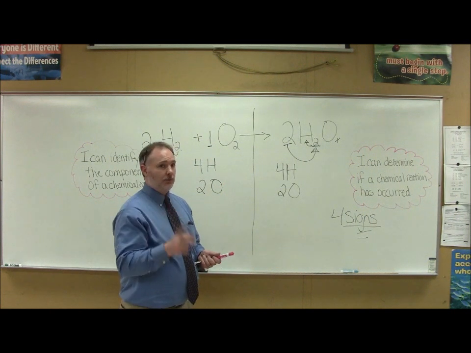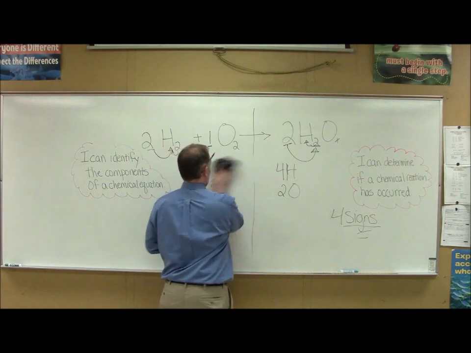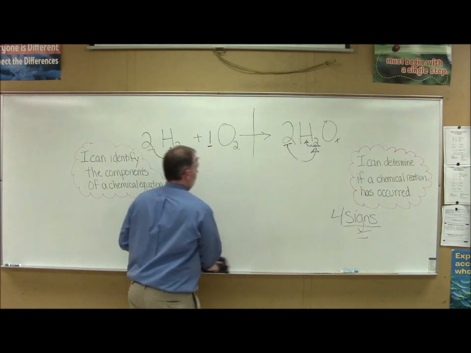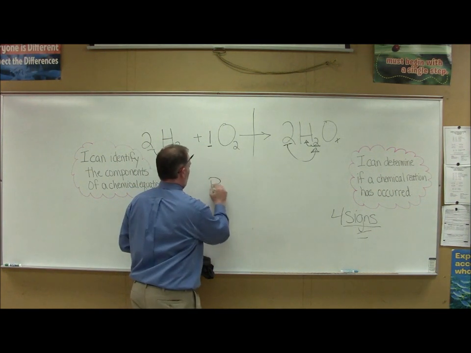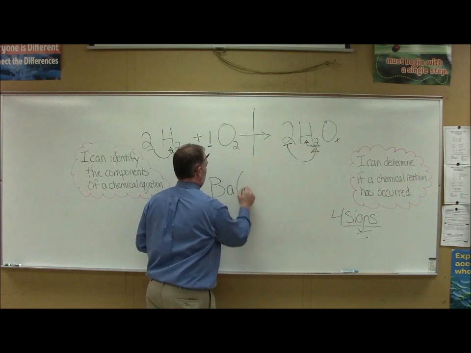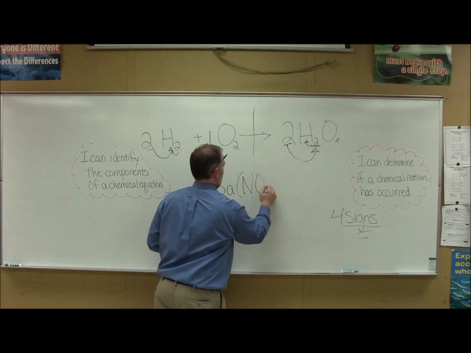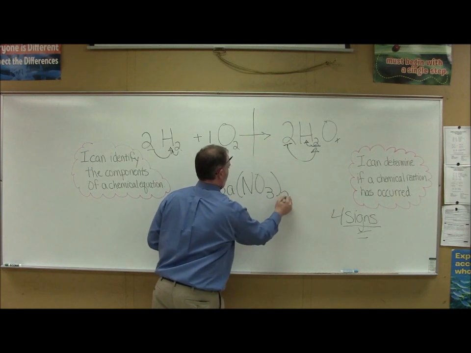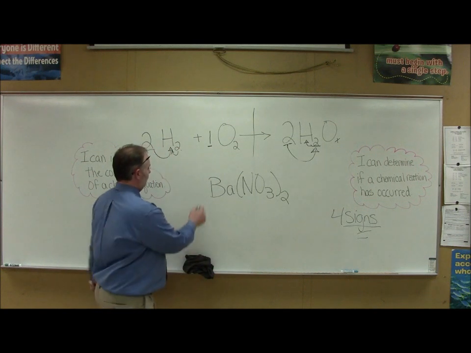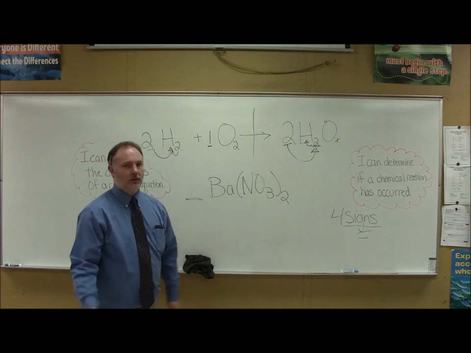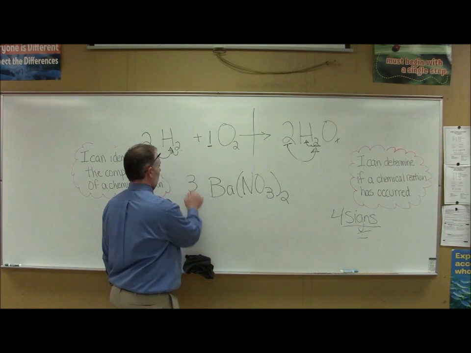Now I do want to help you with one that can be a little bit trickier. So I'm just going to show you an instance. Let's say I have a compound, Ba(NO3)2. That's the formula for barium nitrate. And let me just make up a big number here in front to go along with it. We're pretending it's part of a chemical equation. Let's just make it a 3.